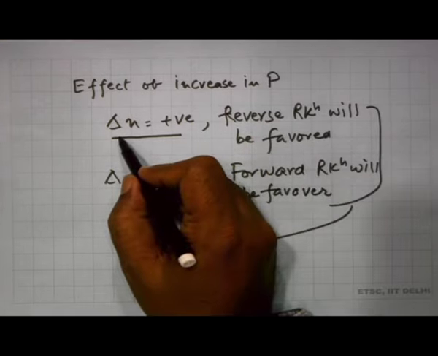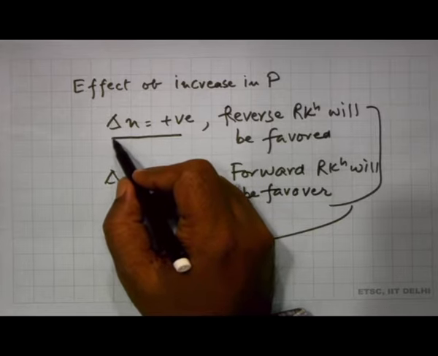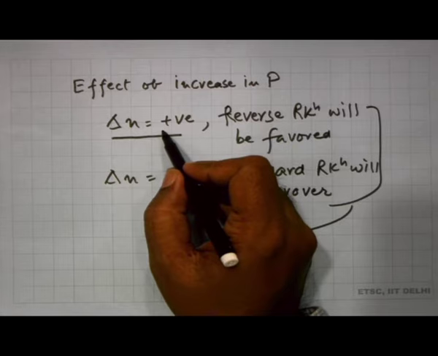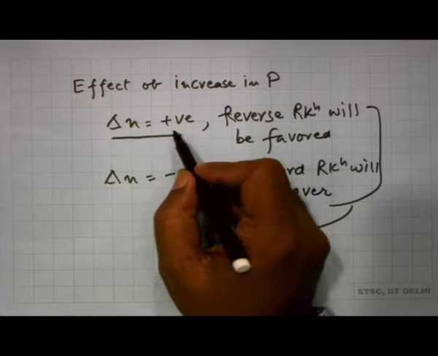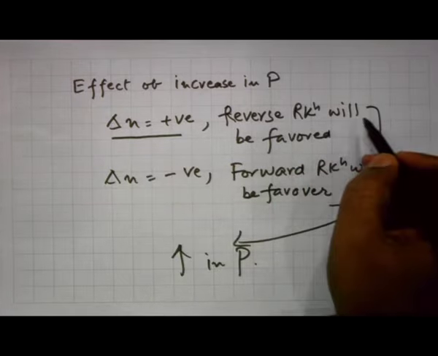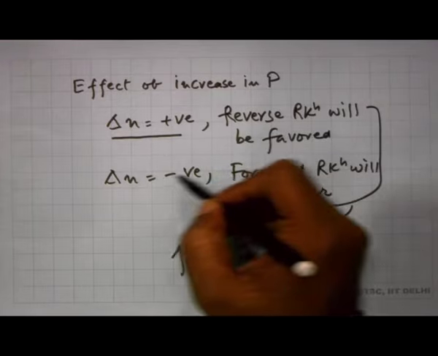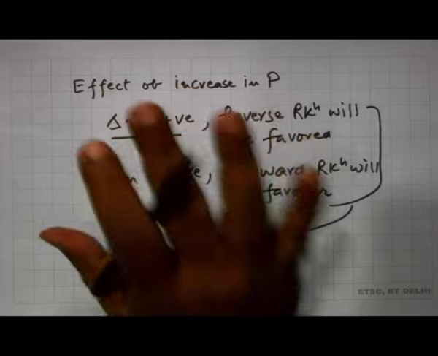Delta n is the change in stoichiometry, that is, the stoichiometry of products minus the stoichiometry of reactants. If it is positive, the reverse reaction is favored. If it is negative, the forward reaction is favored when we increase the pressure.